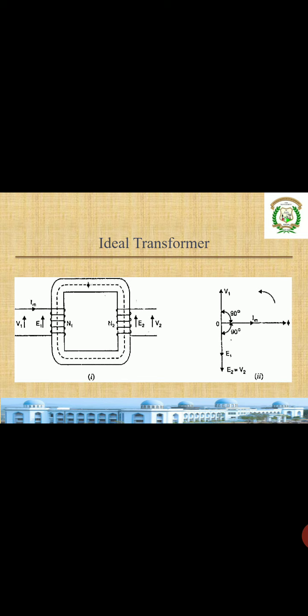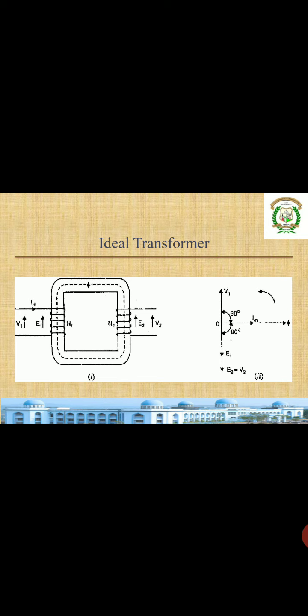Because of the phi, an EMF E1 is induced in the primary circuit, whose direction is shown with the arrow mark. The same flux phi links with the secondary coil, which has N2 number of turns, and there, because of this sinusoidally varying flux linking with the N2 turns, it induces an EMF E2 in the secondary coil, and its direction is shown as the arrow.